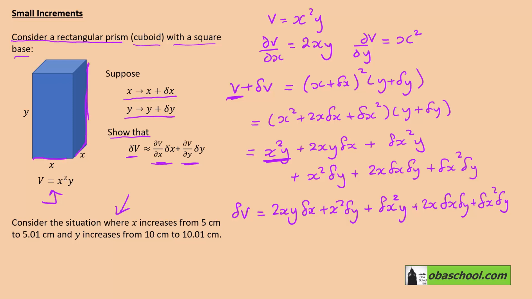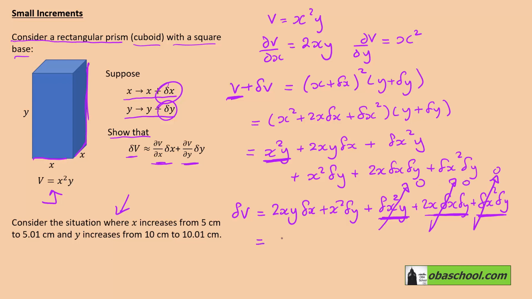Now the idea is that delta x and delta y are small, and that means that anything that contains a delta x squared or a delta x times delta y, and here a delta x squared delta y, those are going to be so small that we ignore them as being, for all intents and purposes, 0.